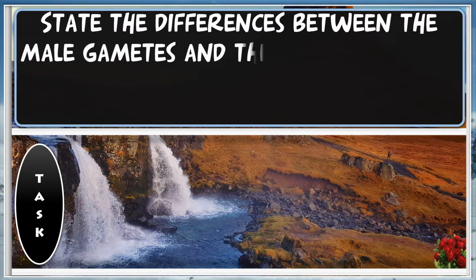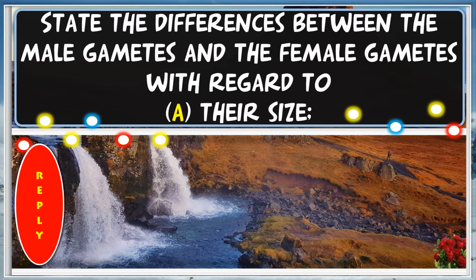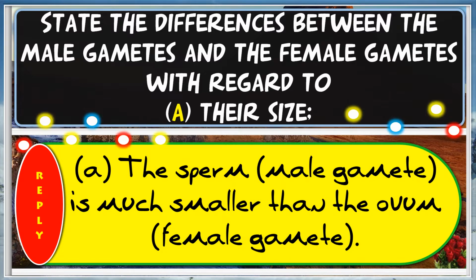State the difference between the male gametes and the female gametes with regard to their size. The sperm or male gamete is much smaller than the ovum or the female gamete.